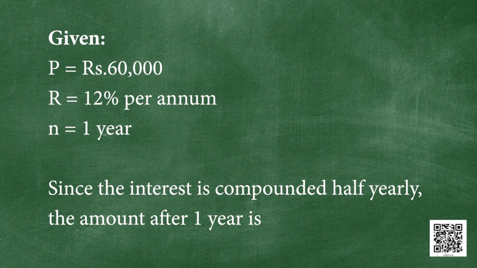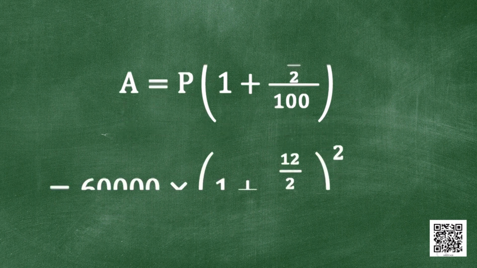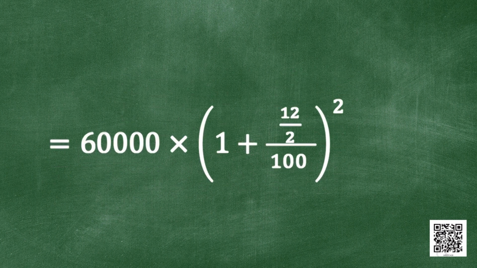Since the interest is compounded half yearly, the amount after 1 year is given by the formula A is equal to P times (1 plus R by 2 by 100) whole to the power of 2n. Here we have P as 60,000 multiplied with (1 plus 12 by 2, whole by 100) whole to the power of 2.